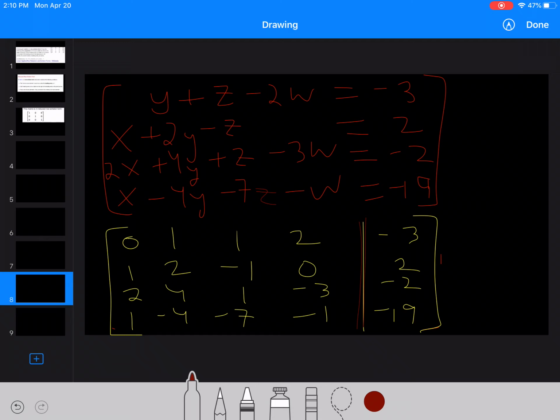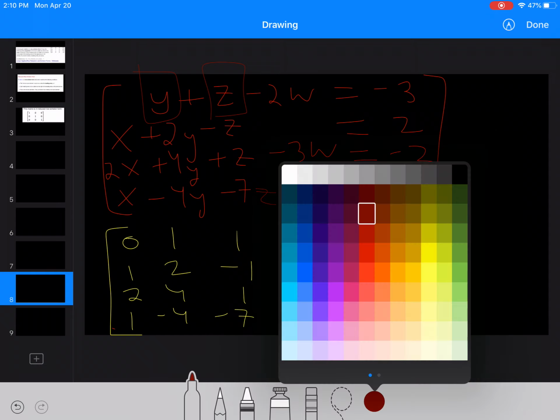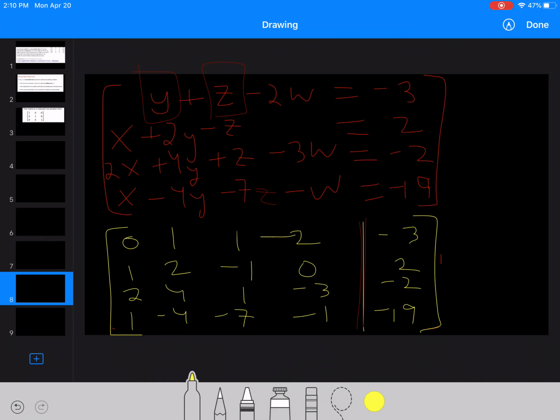The reason why there's a 1 and 1 on the first row is because if I look at the first row of my top, the coefficient of y is 1, the coefficient of z is 1, and actually this one should be -2 here. Just update that there. That should be -2 because this is a -2 there.